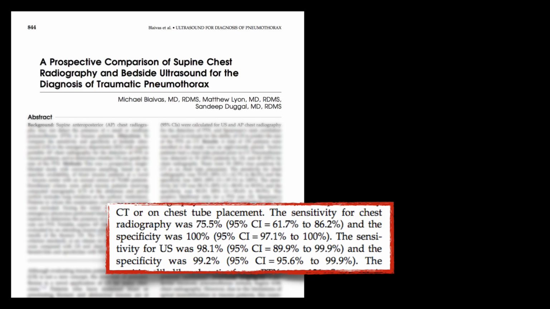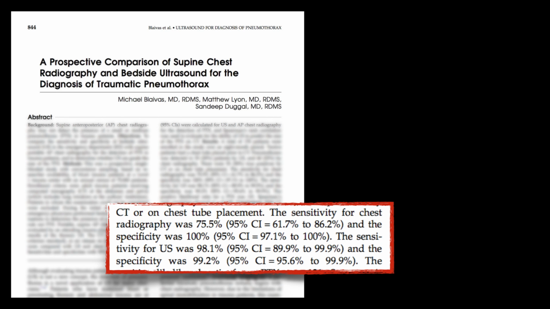It's been a while, but he published ultrasound compared to the supine chest X-ray in the setting of trauma, right? And he found that the chest X-ray woefully underperformed for looking for pneumothorax compared to the ultrasound. The sensitivity of the chest X-ray was about 75%. Specificity, when you saw a pneumothorax on a supine chest X-ray, is high, about 100%, which is great.